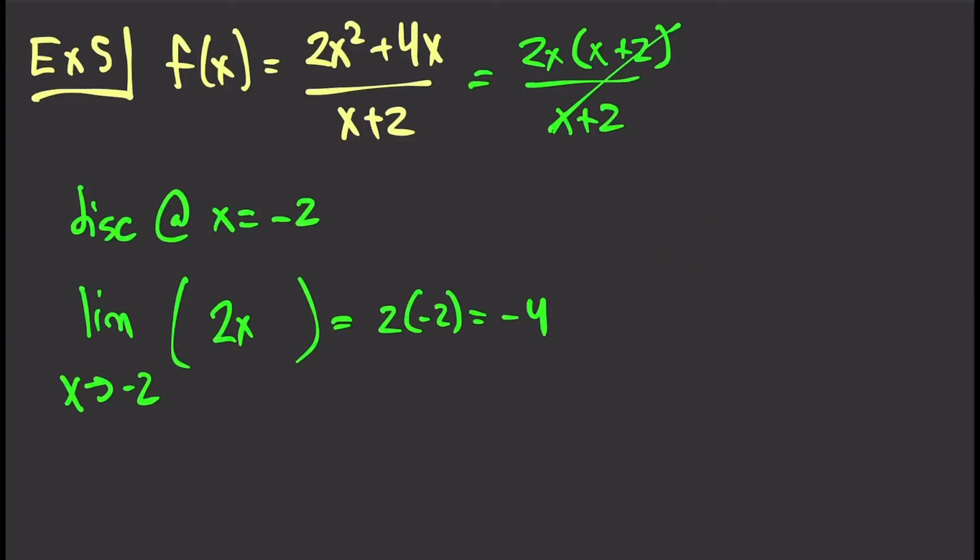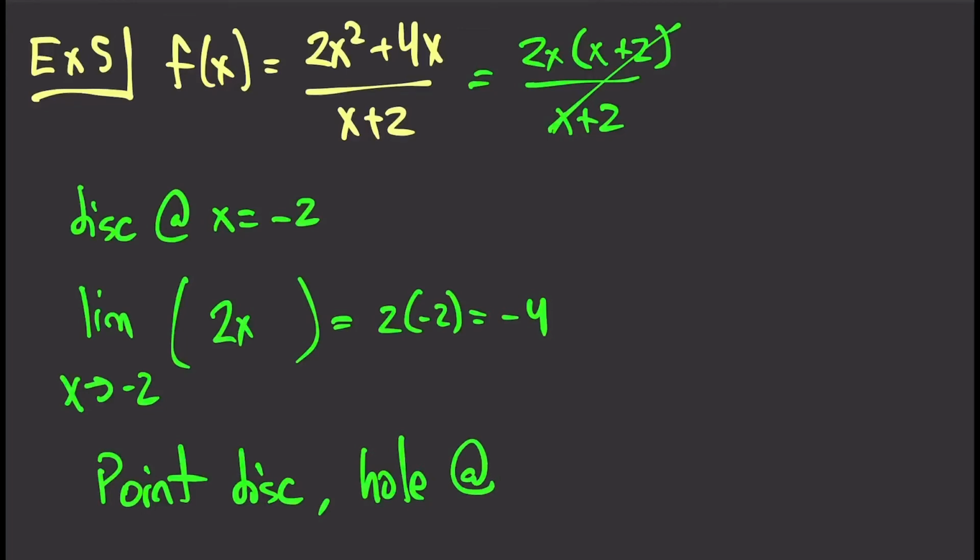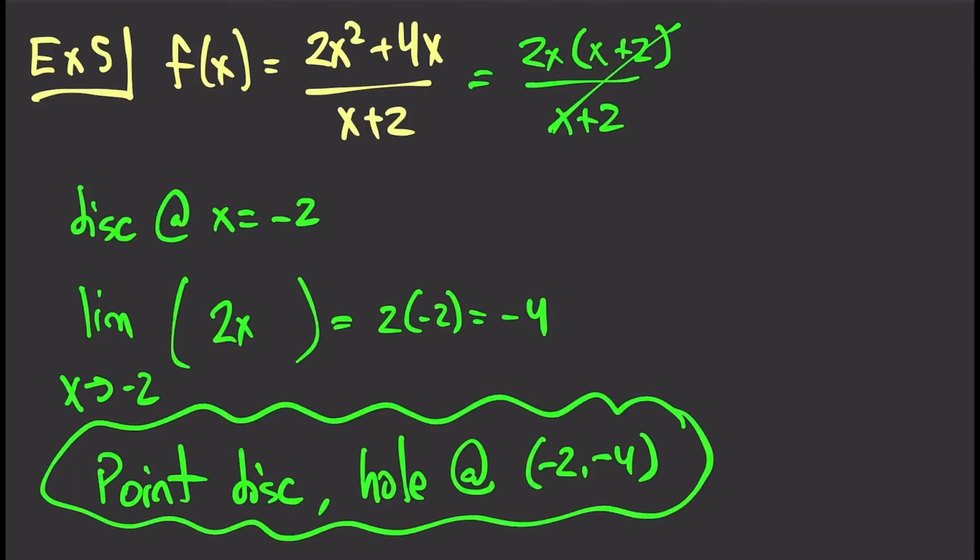Well, that looks like a point, so we call this point discontinuity, which means I have a hole in the function at negative 2, negative 4. So just a quick sketch graphically. Negative 2, negative 4. The function doesn't exist, but the limit does. Okay.